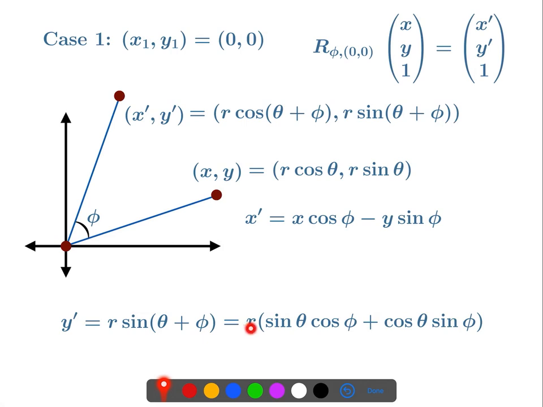With the intent of noticing that r sine theta, again, is y, and r times cosine of theta is the x. So I'm going to have y cosine of phi here plus x sine of phi. So y cosine of phi plus x sine phi. And again, that looks like what we want. It's an expression in terms of x, y, and phi.